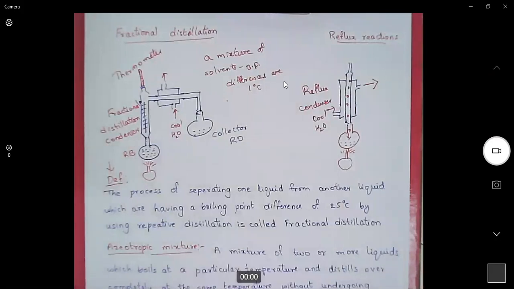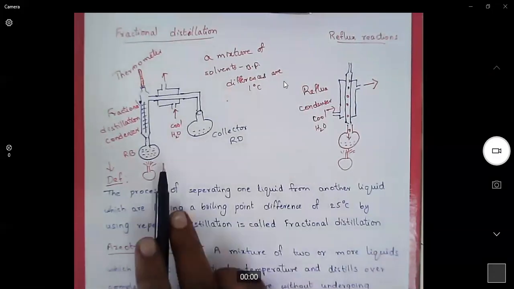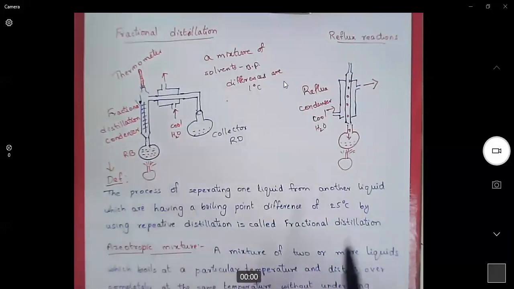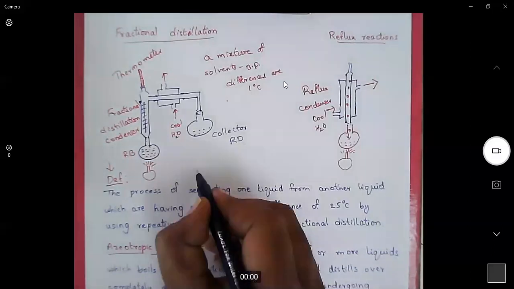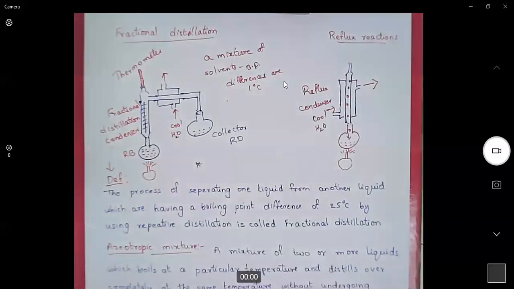Generally, if the boiling point difference is 25 degrees centigrade or less than 25 degrees centigrade, then we will go for fractional distillation. If the boiling point difference is 30 degrees centigrade or more than 30 degrees centigrade, we will go for normal distillation.